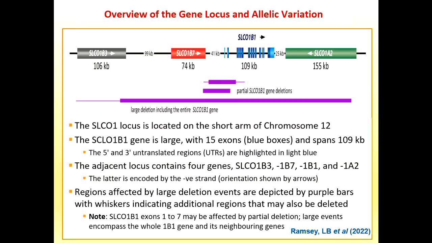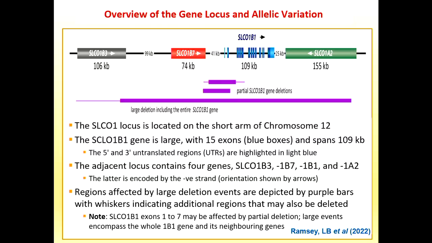So SLCO1B1, you can see the arrow indicating the direction of transcription, same as in 1B7 and 1B3, which is right next to it on the gene locus. But SLCO1A2 is in the opposite direction, the opposite configuration. This is not that unusual in genetics from what I can gather, but just seems a bit strange.